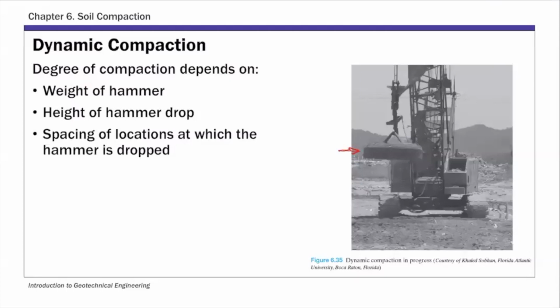So that's dynamic compaction. And degree of compaction depends on these three factors: the weight of the hammer you use, the height of the hammer drop, and also the spacing of the location for the hammer drop. Okay. So that's dynamic compaction.